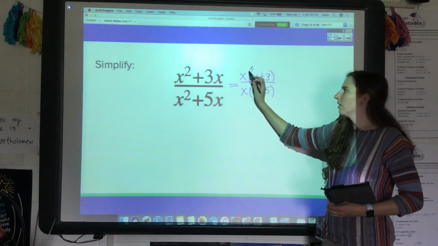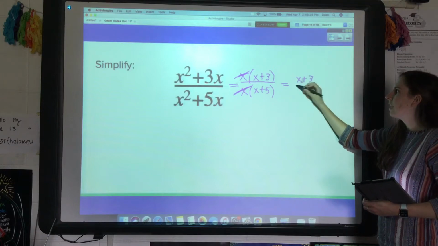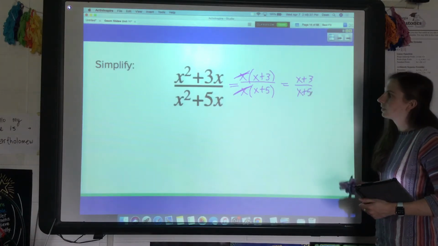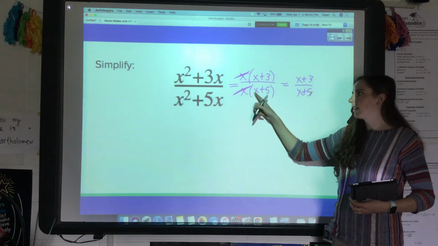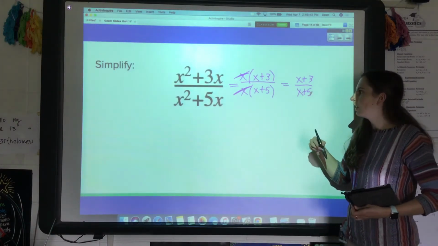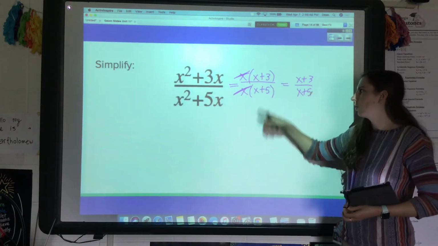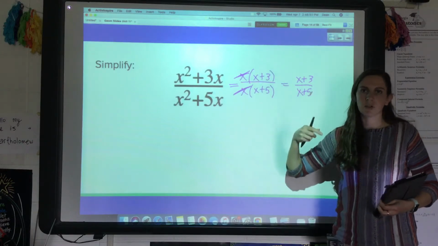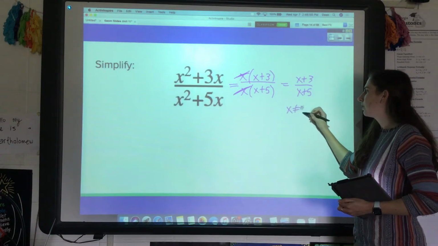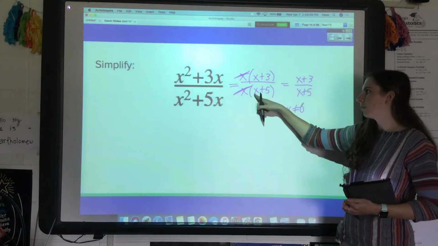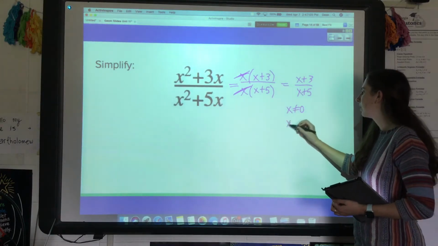I can cancel out these x's here, and that'll just leave x plus 3 over x plus 5. Again, if I wanted to restrict the domain, I would have to say that neither of these factors could be 0. Because if either of them were 0, 0 times something is 0. So basically x can't be 0, and it also can't be -5, because -5 plus 5 would be 0.